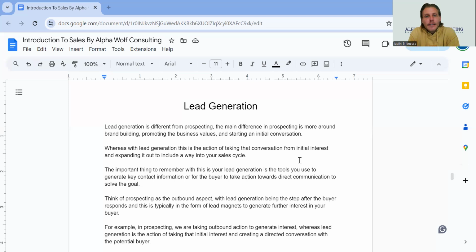To understand this is just to understand that this is the next stage along the line, of taking a potential buyer that we've generated interest in the product, service, or offer that we present to them. And we're creating now a tool that will take them from being semi-interested or interested into being an active lead in our sales cycle or our sales process.